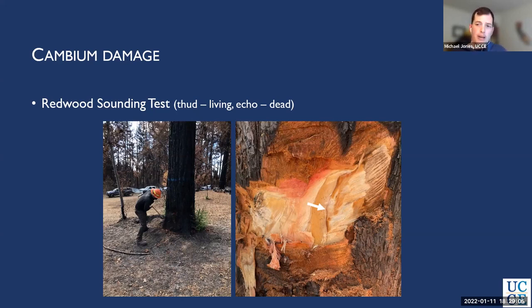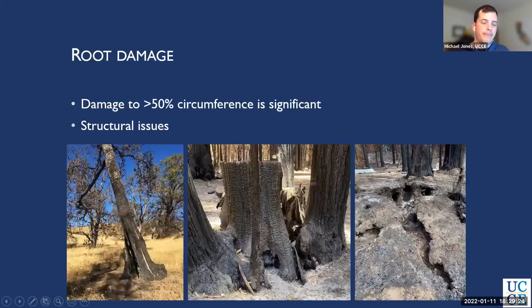If you get a dull thud, it's living, because all that water absorbs the vibrations, and it means the cambium is still healthy. If you get an echo, just like if you were to knock on wood, like a piece of lumber, it kind of vibrates more, and so you can tell that that's dead woody tissue. Kind of a fun demonstration when you're in the field.